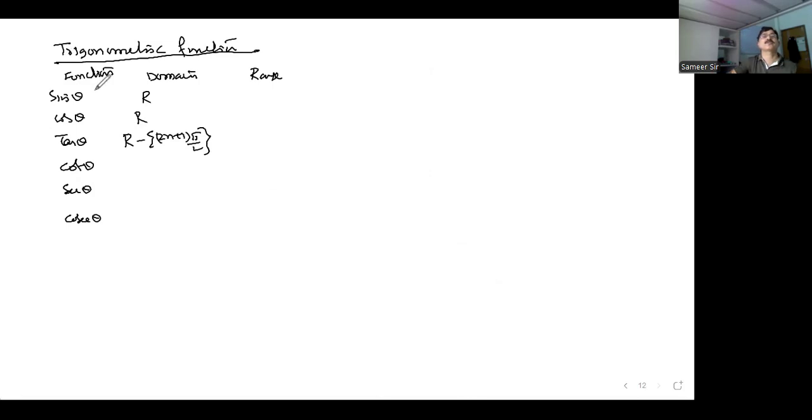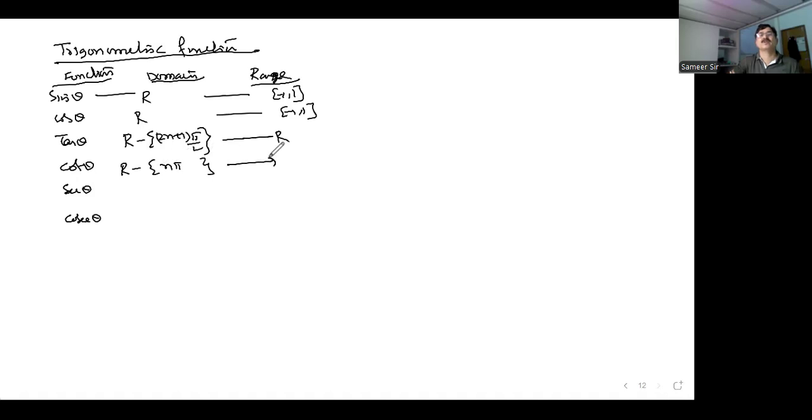Here is trigonometric functions. This is function, domain, and the range. Okay. Function, sine function, whose range is what? -1 to 1. Cos function, whose range is what? -1 to 1. Domain is like this. And tan function, whose range is what? Like this. And cot function is what? N pi, of course, n belongs to integer.